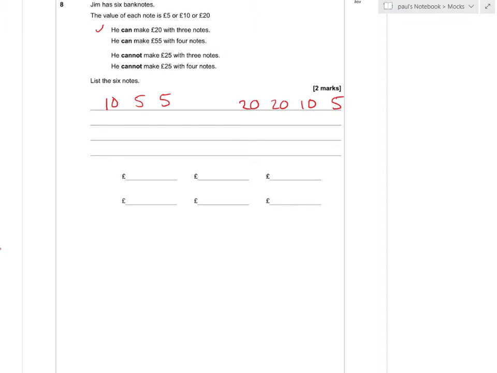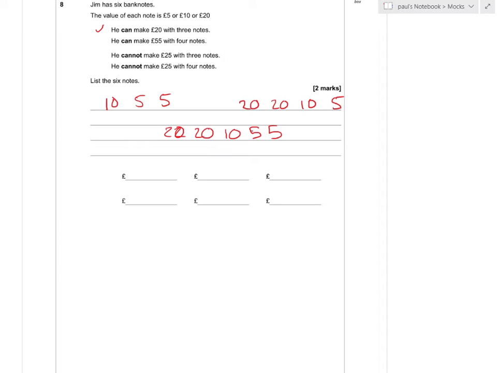So he cannot make, so if you've got a 10, 5 and 5, so if we use the same one there, so far he's got a 20, a 20, he can use his 10, he can use his 5, he needs another 5, doesn't he? So he only needs 10, so 20, 40, he cannot make £25 with 3 notes, so we can't have another tenner.